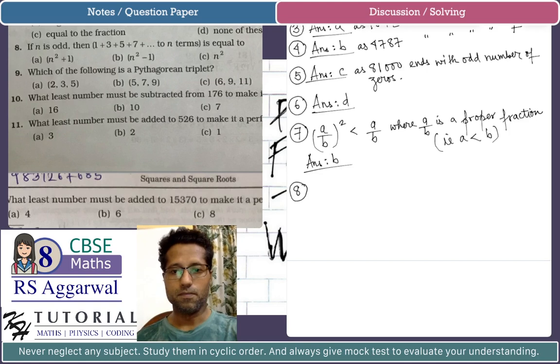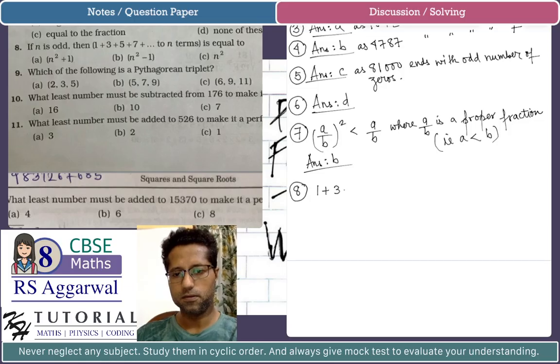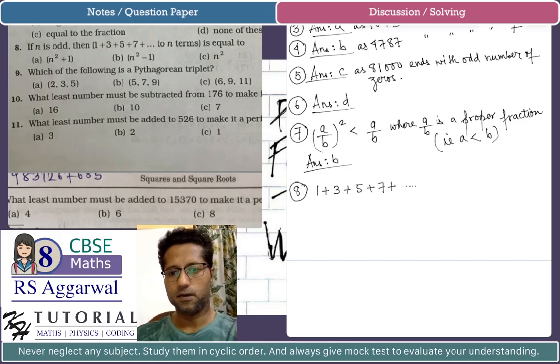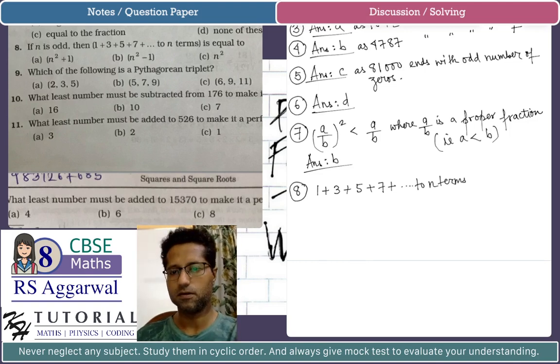Anyway, let's try my best. Question number 8: if n is odd, then 1 plus 3 plus 5 plus 7 up to n terms. These are the summation of consecutive odd numbers. Up to n terms means there are n terms. First term is 1, second term is 3, third term is 5, fourth term is 7. So there are n terms like this.